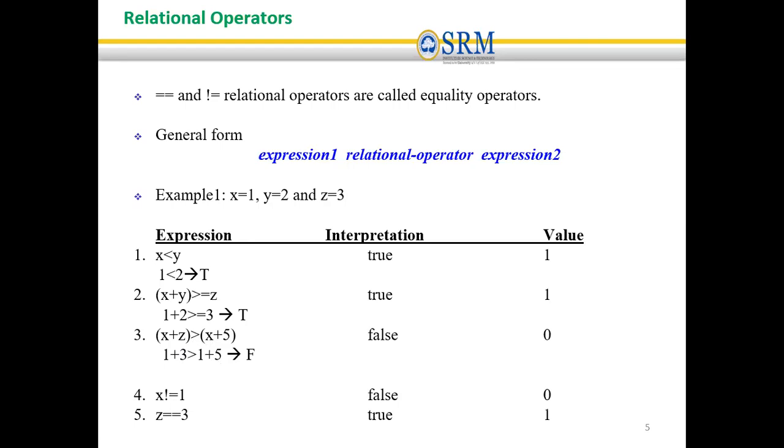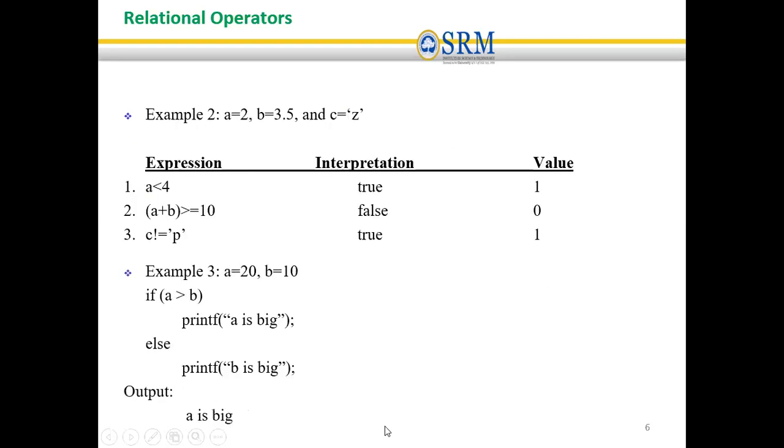But here the condition is x is not equal to 1. Therefore, the final result will be false. And in the last example, z is equal to 3 is true because z is 3, so 3 is equal to 3 is true.